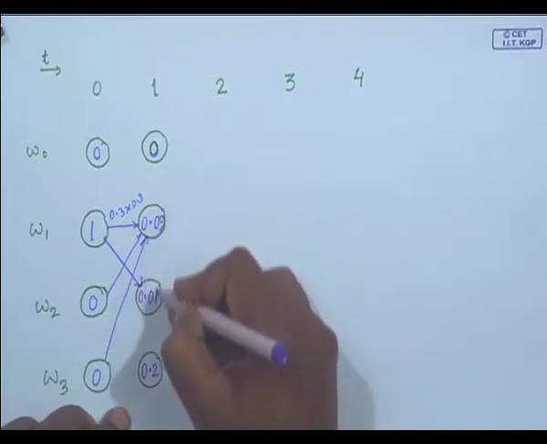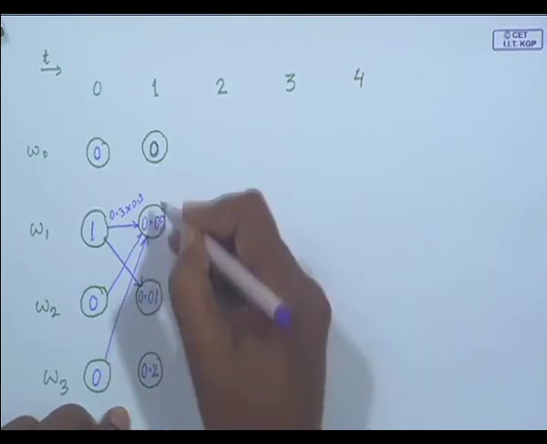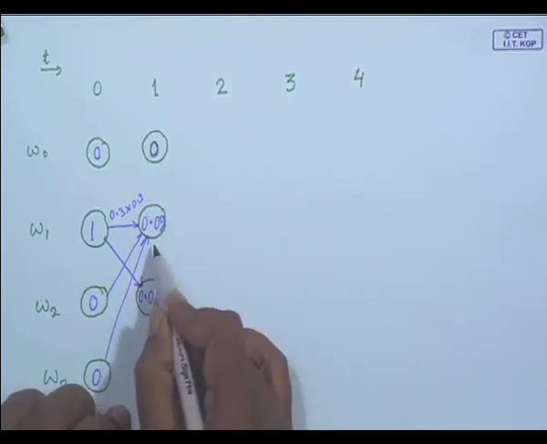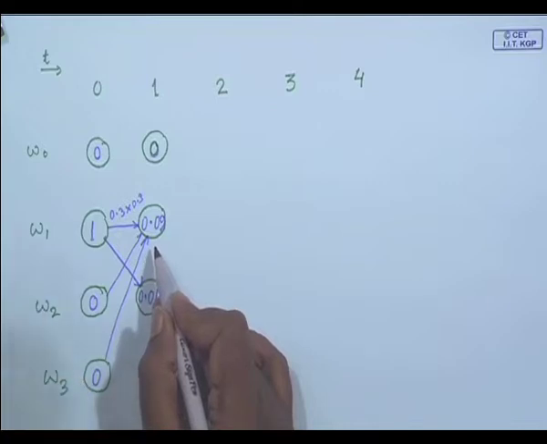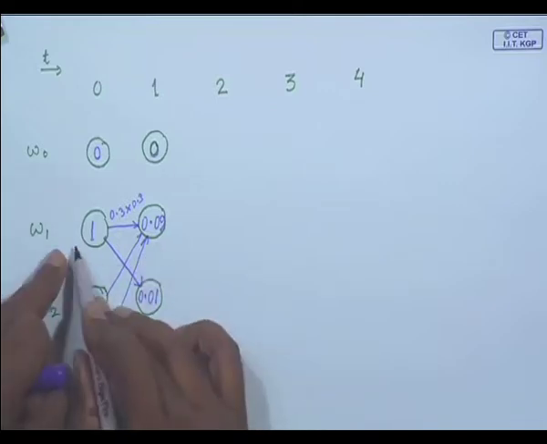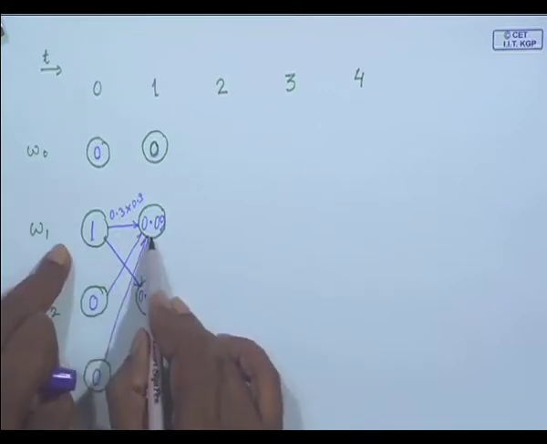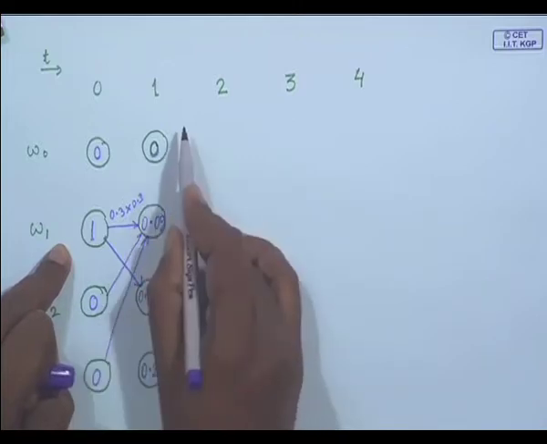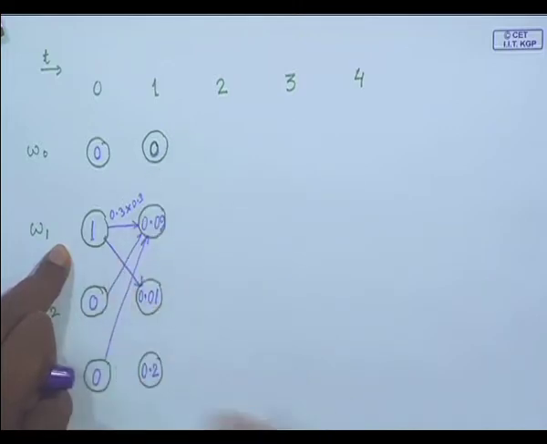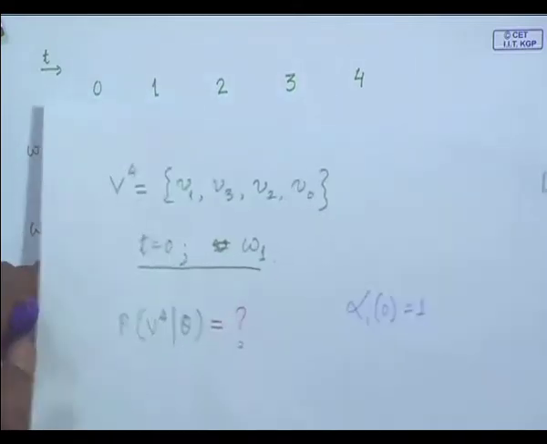So these figures in this circle say that this is the probability that my model will be in hidden state omega 1 at t equal to 1, after emitting the first symbol, which is V 1.